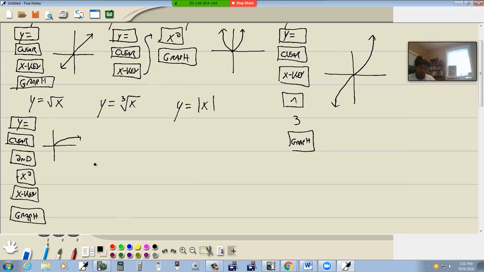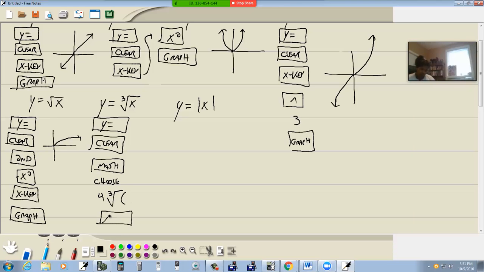Now the cube root. If I push my Y equals, press my clear, then I go to the math button, and I want to choose, I think it's the fourth one. We'll see in a minute.